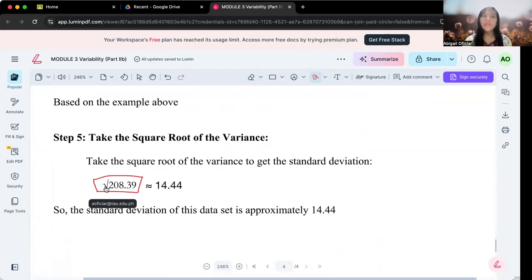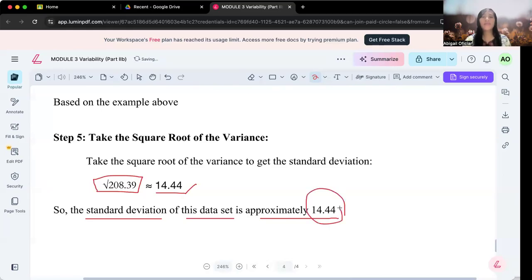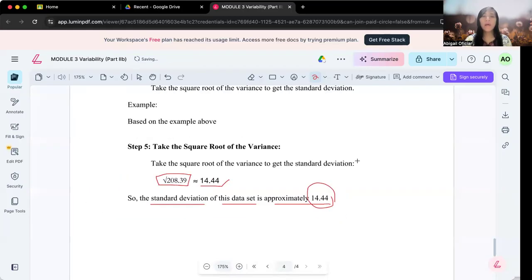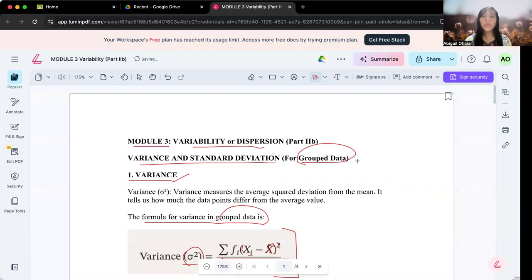Once we get the square root of this, we will get 14.44. So the standard deviation of this data set is approximately 14.44. That's it for the computation of group data for this lesson.